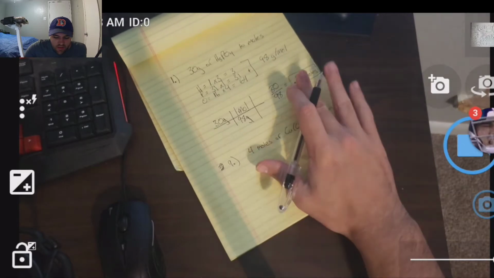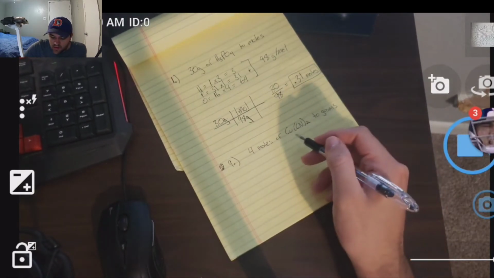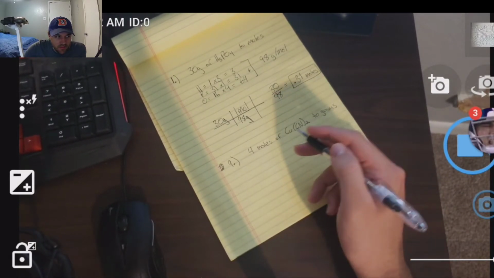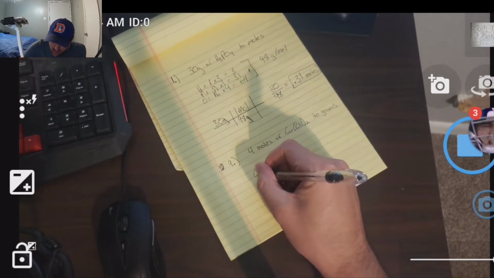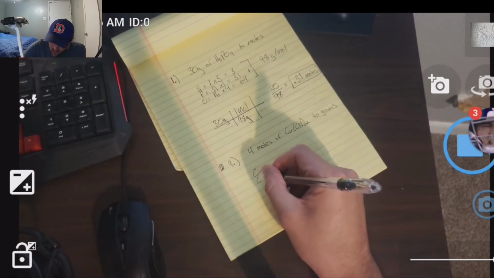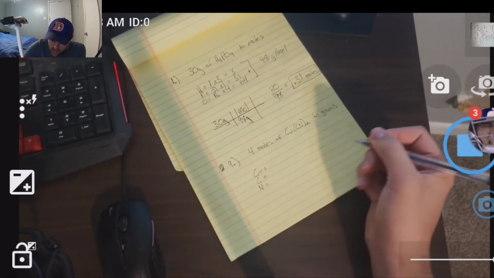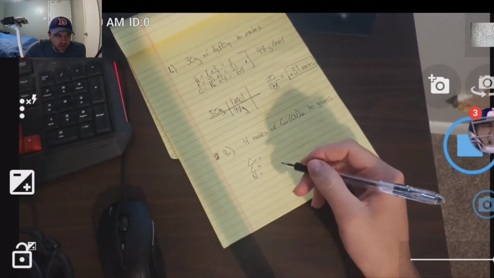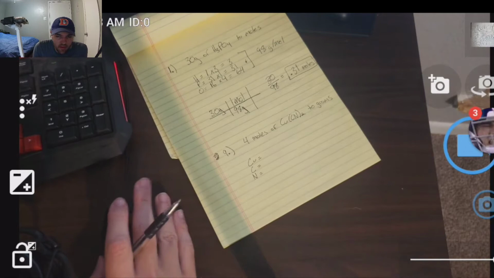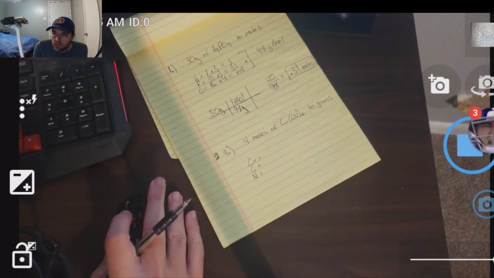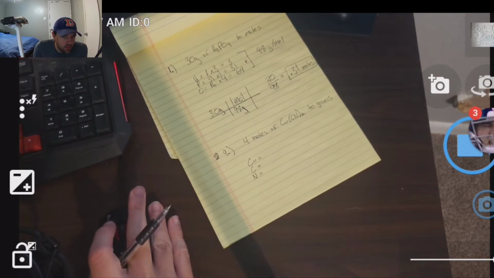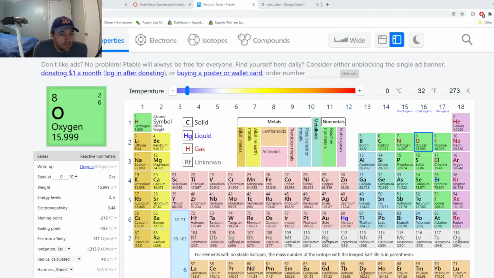Okay, so just like the other one, your first step is going to be finding out the molar mass of copper cyanide. So here we're going to take copper, carbon, and nitrogen, and we're going to go and find their masses on the periodic table. So let's look around and see if we can find copper. There it is.